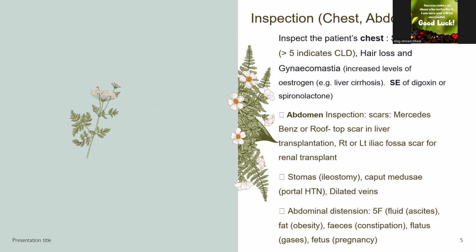In chronic liver disease, the liver function is affected, so it will be a problem in the metabolism of the androgens. So it's a problem of the estrogen to androgen ratio.